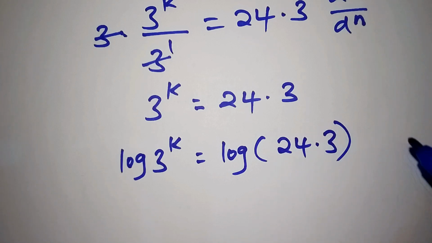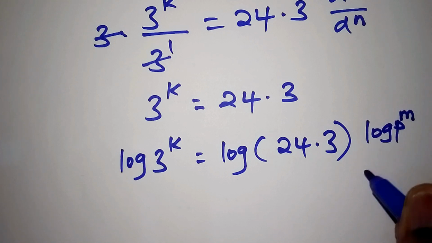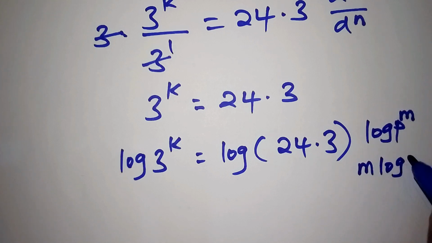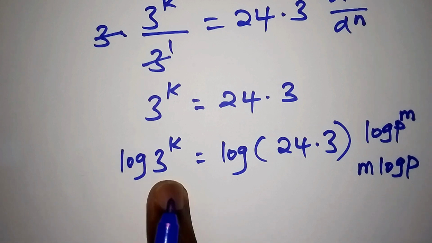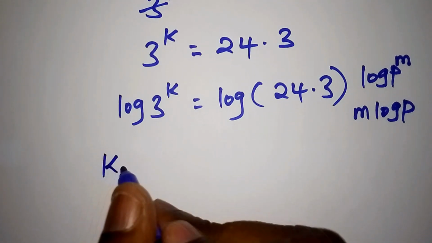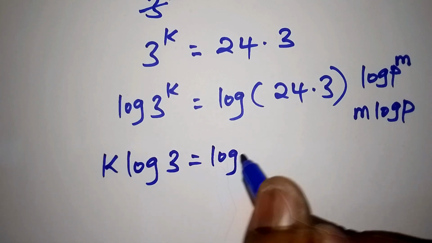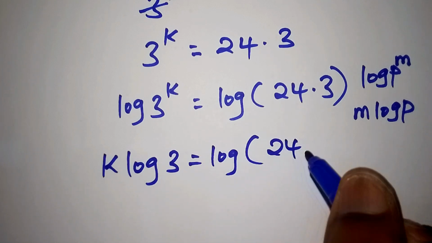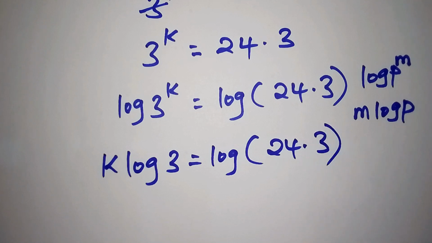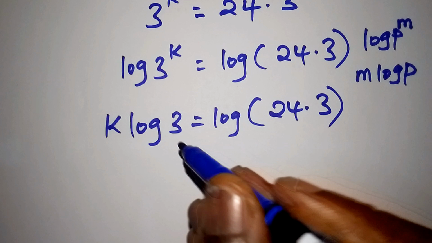So from here, when you have, for example, the log of p to the power of m, this one can also be written as m, the log of p. So the log of 3 to the power of k can be written as k log 3. So k log 3 is equal to the log into bracket 24 multiplied by 3. So our next step now is to divide both sides by the log of 3.